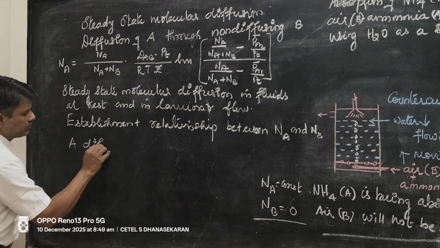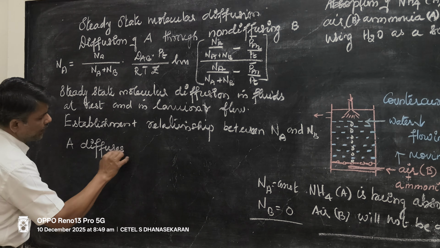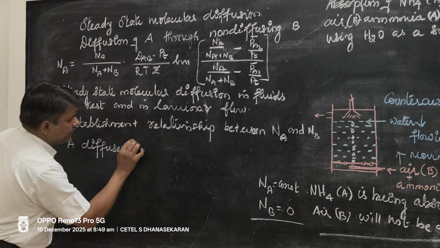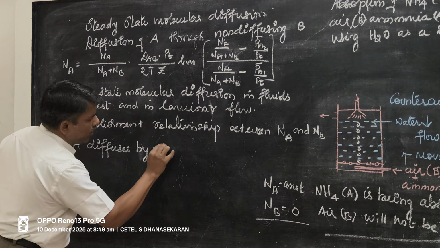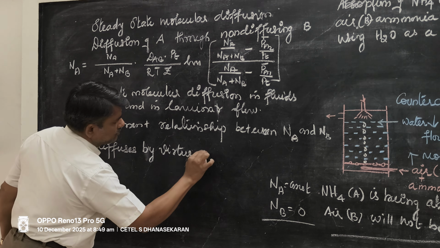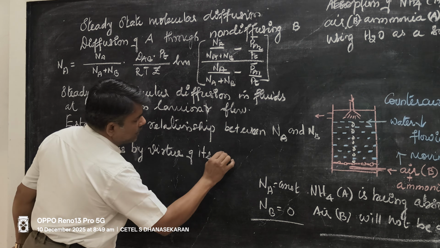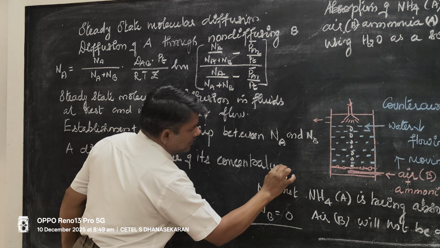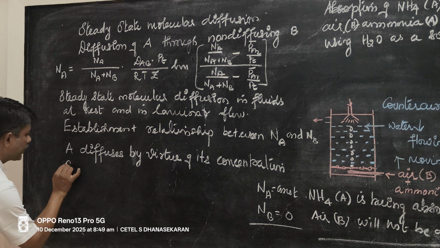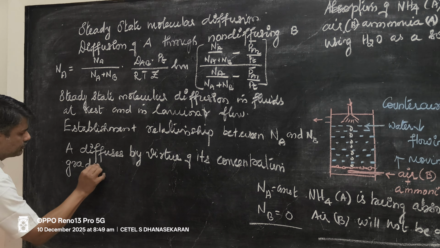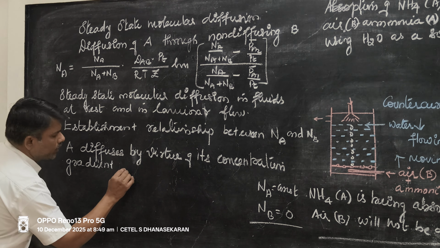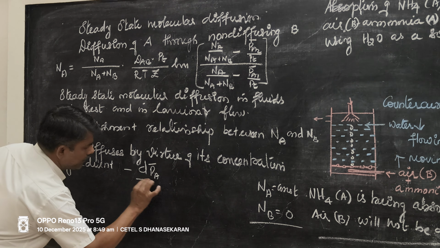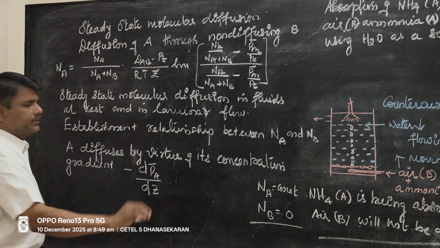Right. Component A diffuses by virtue of its concentration gradient, which is equal to minus d PA bar divided by dz.